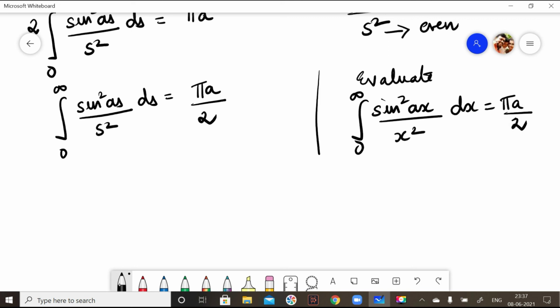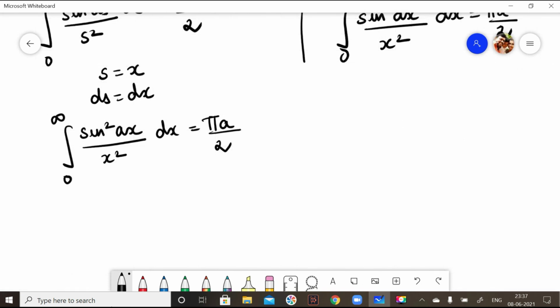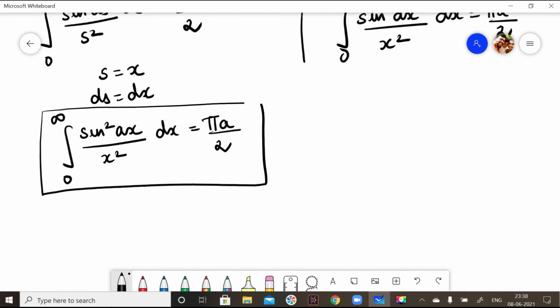Compare and see: instead of s here, I have x. So what I will do is put s is equal to x, and similarly ds is equal to dx. So integral 0 to infinity sin square ax by x square dx is equal to pi a by 2. So we have found the answer. Do you have any doubts? You can ask me.